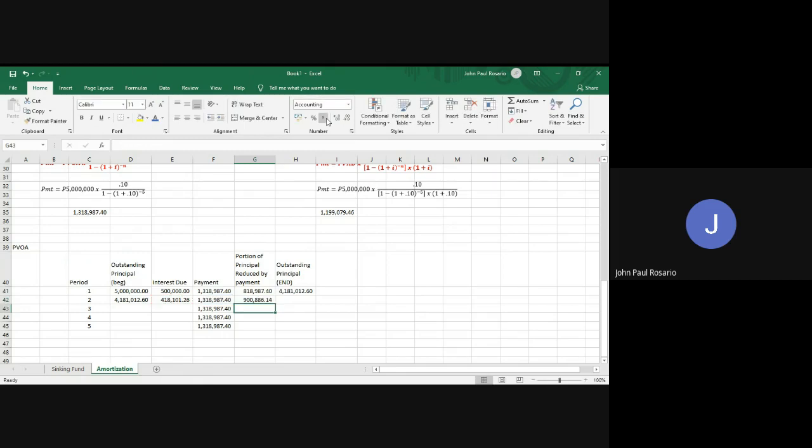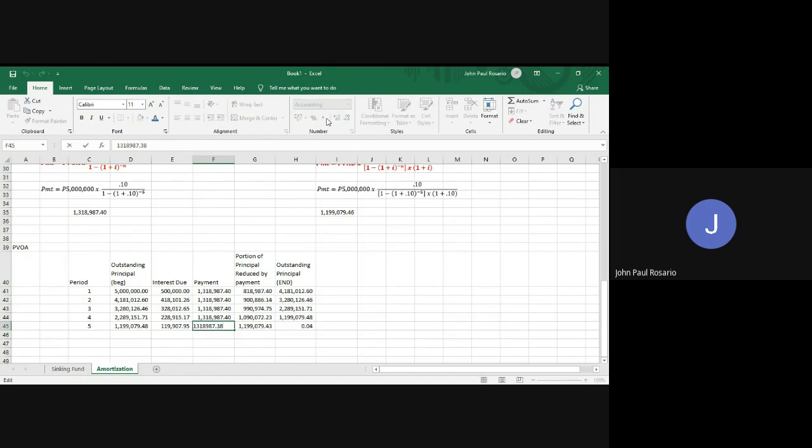Okay, so that's 900, and then our outstanding principal. Now, we copy this all throughout the 5-year period, and then same with this one. So here we reduce our payment to account for the rounding off.